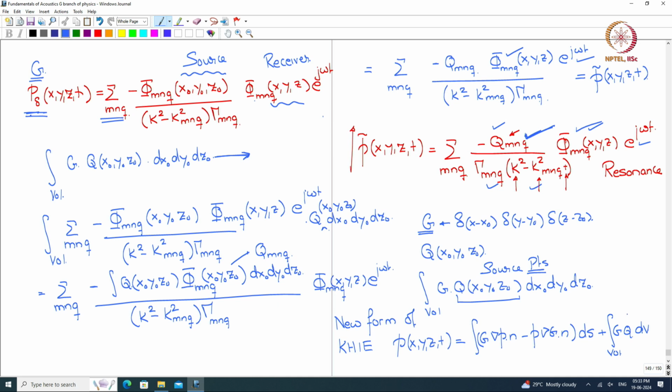So q is composed of x0, y0, z0. G is composed of the response at x, y, z to an input at x0, y0, z0. So this is the form of the KH integral when you add a source term. G is the free space Green function.